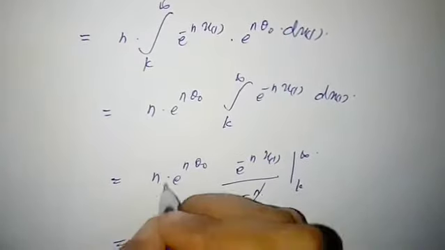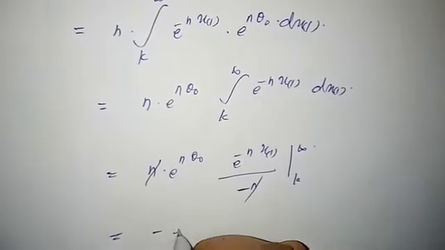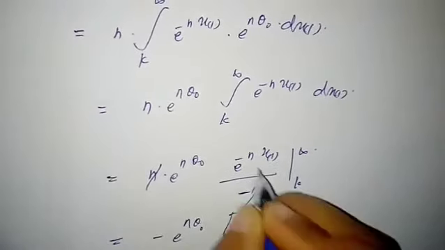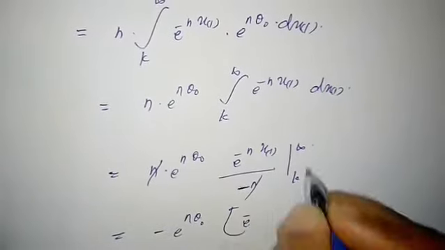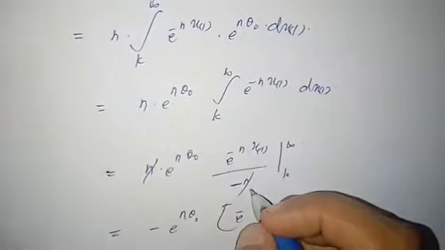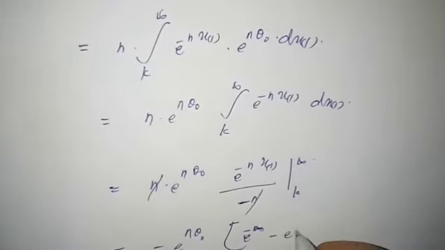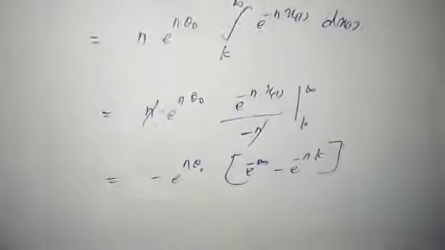Here n will cancel, leaving a minus, that is minus e power n theta naught, and then we substitute the limits, e power minus infinity minus e power minus n k.